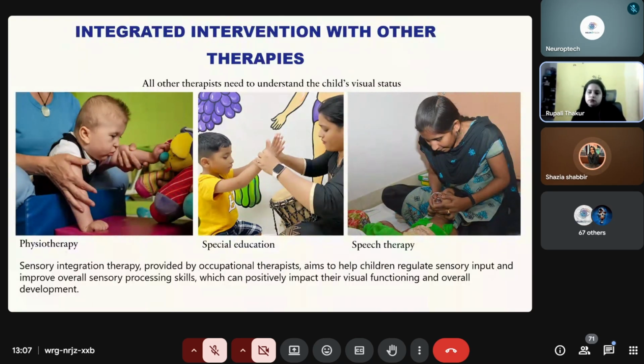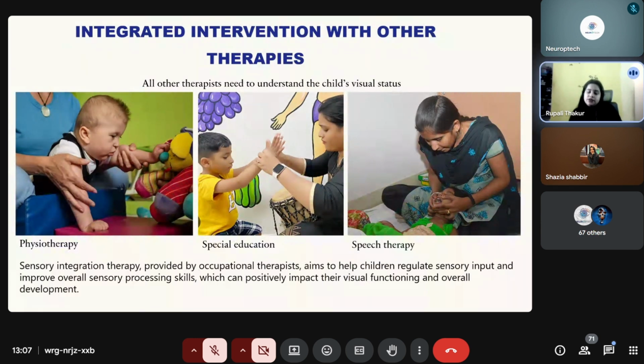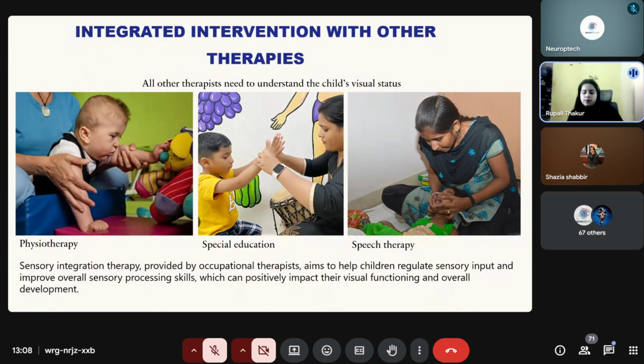Okay, we have another question coming up. Is there any surgical treatment for CVI? There is no surgical treatment, but yes, if CVI is related to some secondary cause like hydrocephalus, which means some type of fluid in the brain, they perform VP shunt surgery to sort it out, because hydrocephalus is going to affect the child's brain.